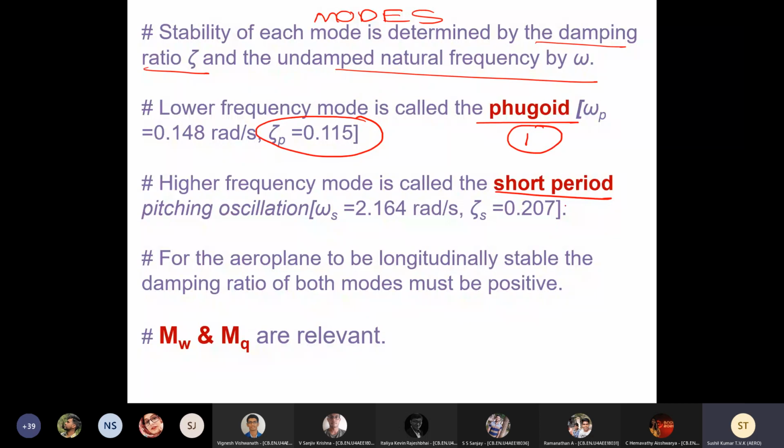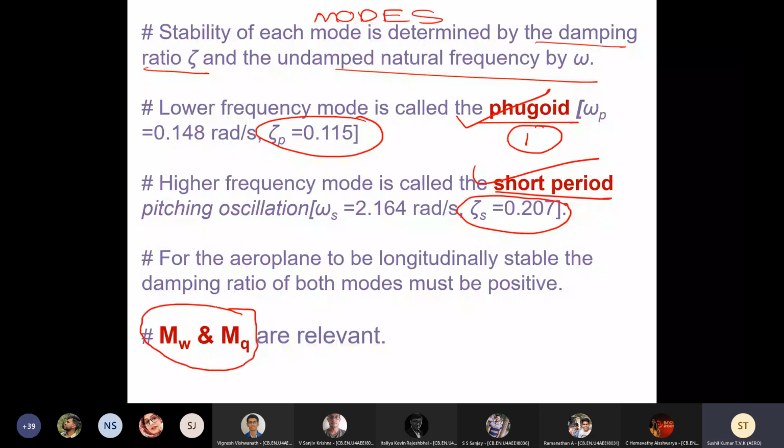For the aircraft to be stable, we want both the phugoid and the short period to be stable. They should not diverge. And when you look at the stability derivatives, right now you just take it for granted, only two stability derivatives are important, MW and MQ. So this in short is the solution of the equation.